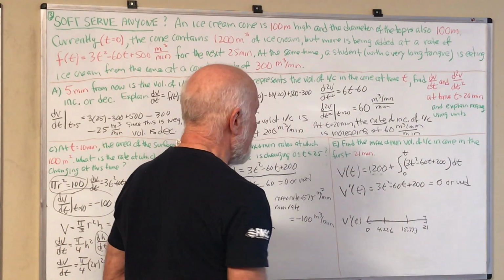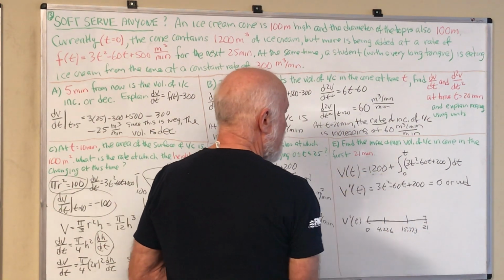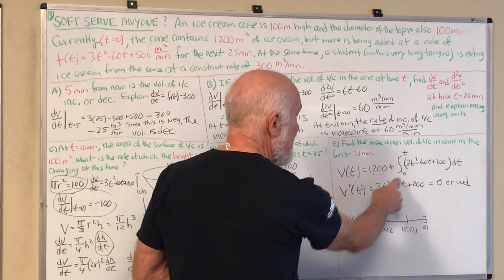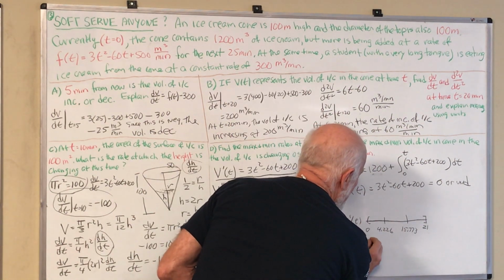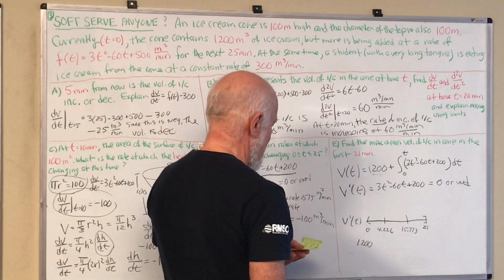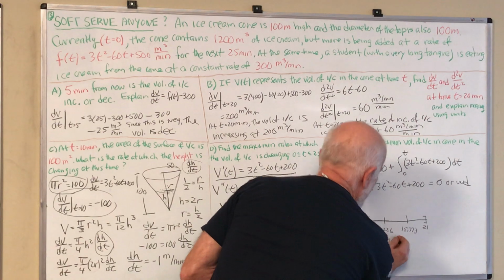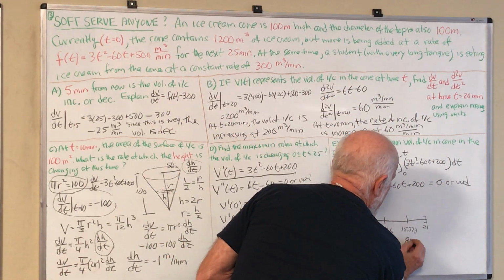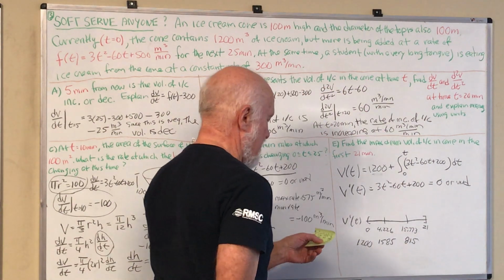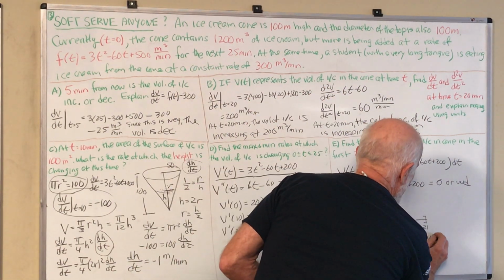And then when you plugged all 4 of those back into the original function, 0 was easy. The integral from 0 to 0 is 0, so you get 1,200 cubic meters. Here you get 1585. I think I rounded all of these. They weren't exactly like that. And at 21, you get 1431.